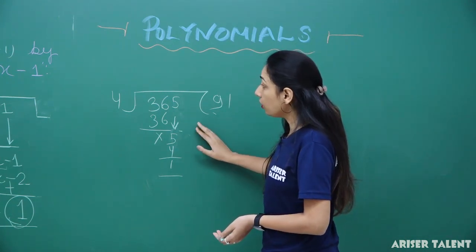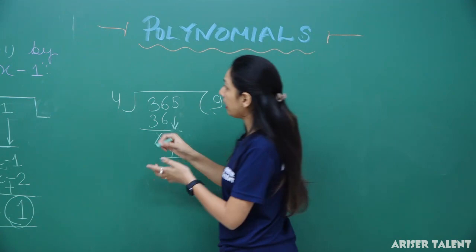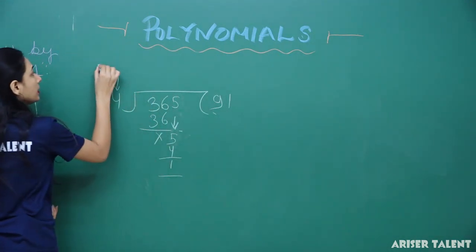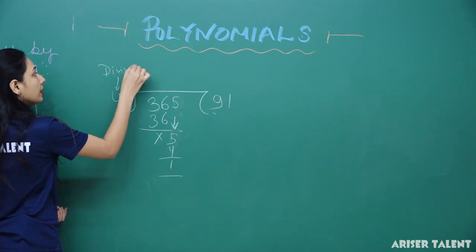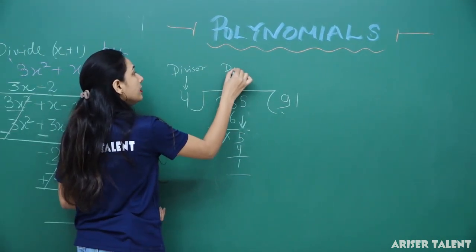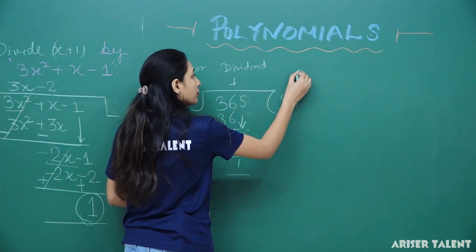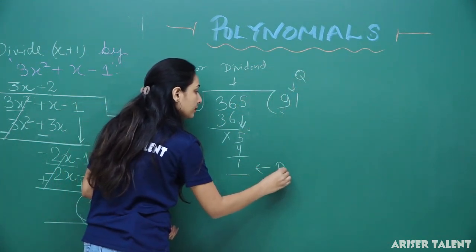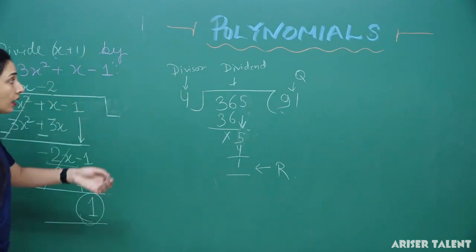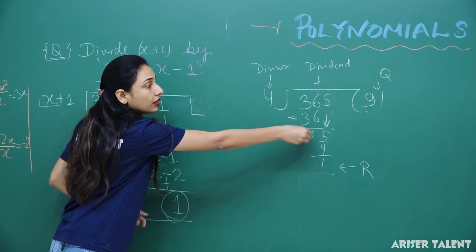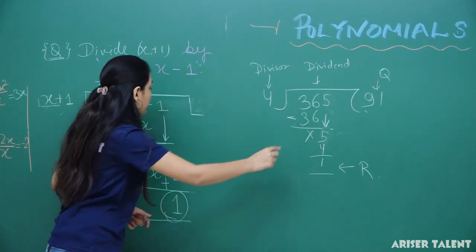Okay. Look here, I am having this as divisor, this as dividend, this as quotient and this as remainder. Right? Look carefully here, we are subtracting here, I am getting a number here.